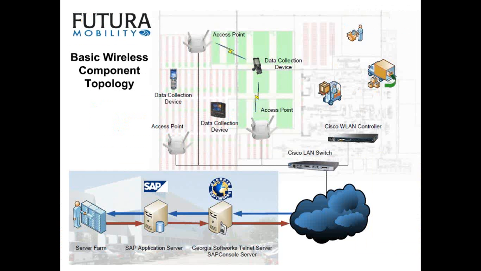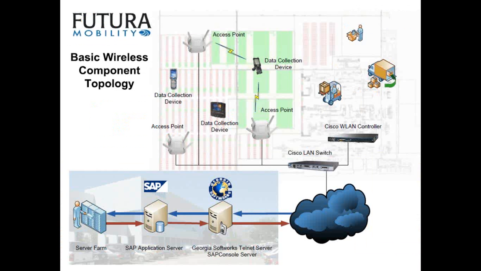If you're using ITS Mobile, you bypass that. But if you go through that data cloud, you see there are switches and controllers in place to control and manage the access points that are placed out in the warehouse. And then all those mobile devices and mobile workers are leveraging the wireless network, being able to move around freely and communicate with the SAP system in real time.